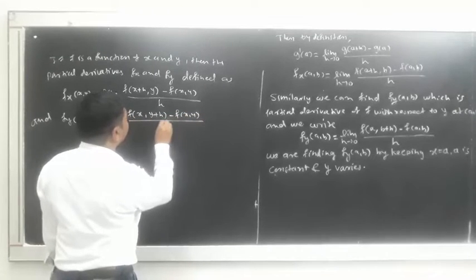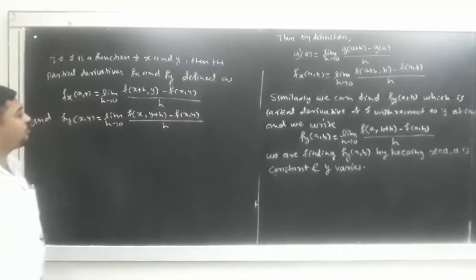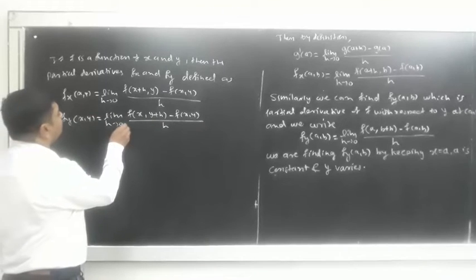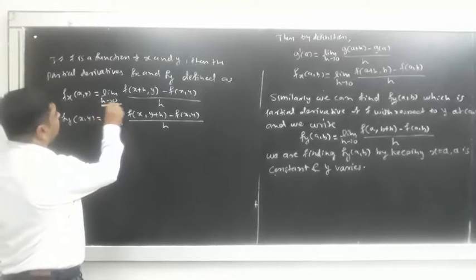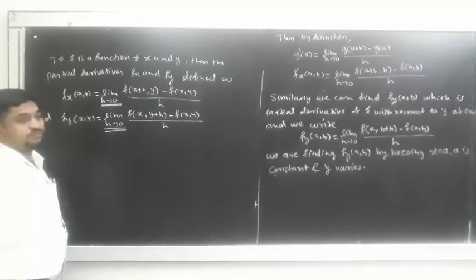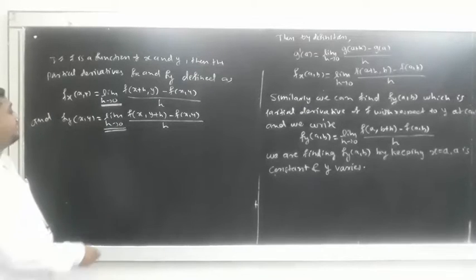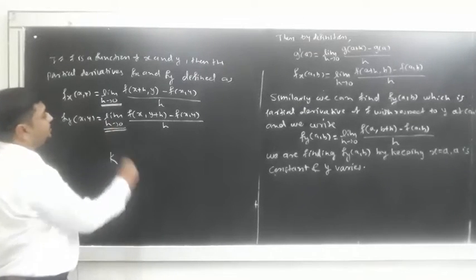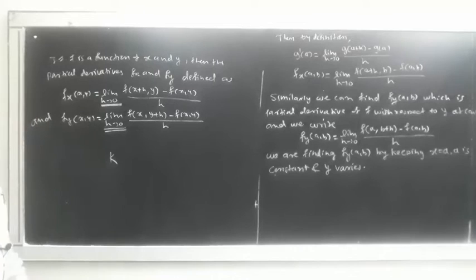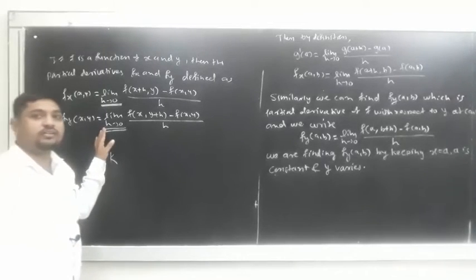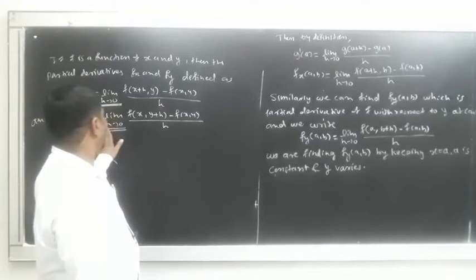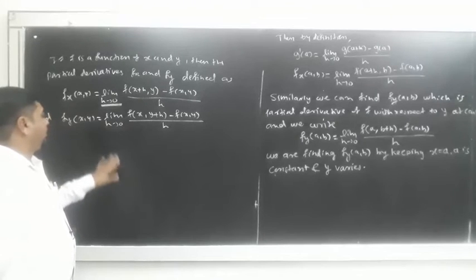And what I am saying, you can take the same h here, or for y you can take k. No problem what you are taking, it is just a variable.